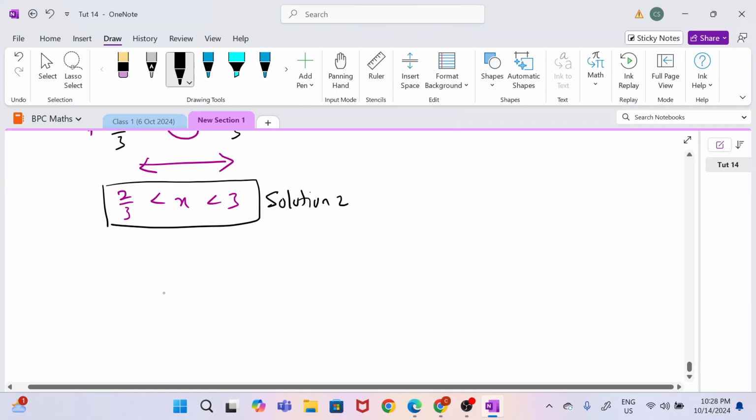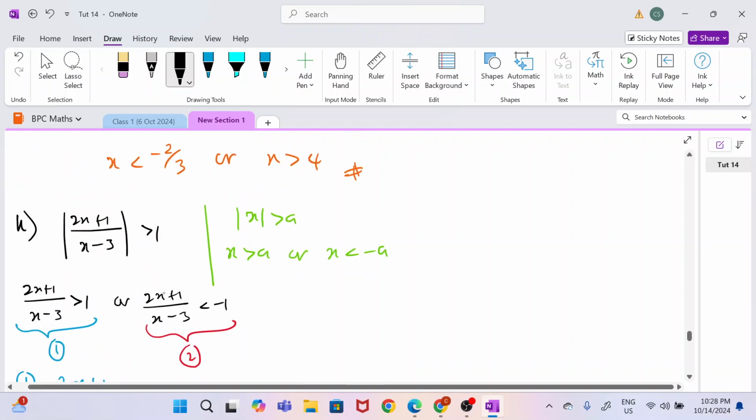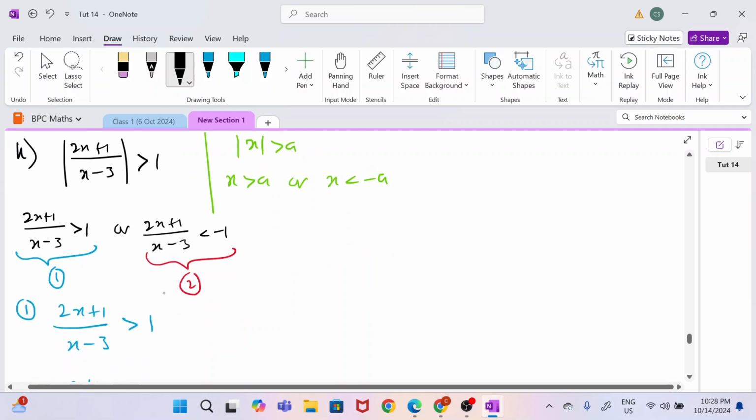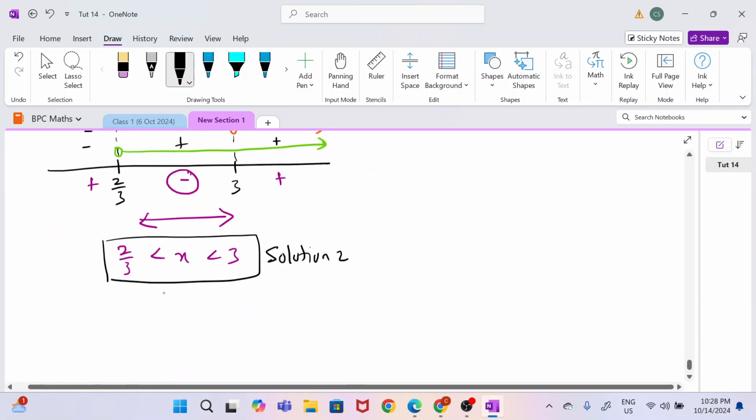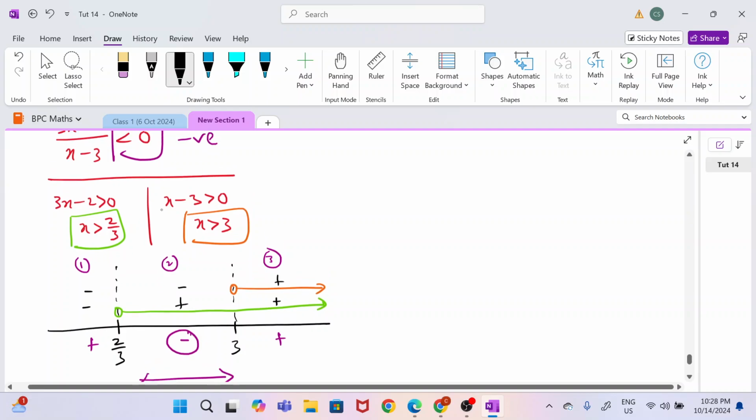Now after this, for this type of inequality, which is greater than, we are dealing with greater than, you don't need to do intersection. You just combine both solutions. What is solution 1?